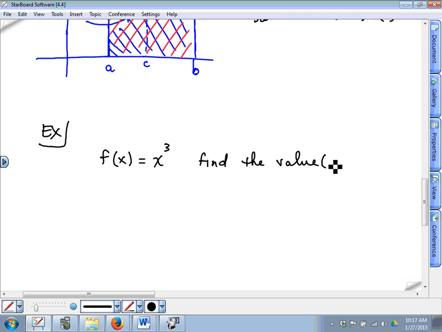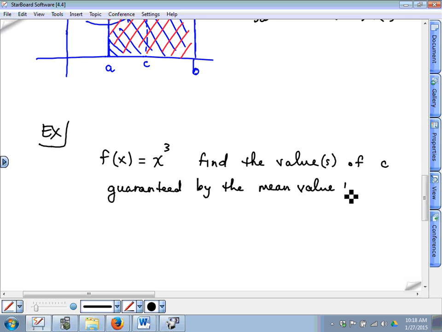Find the value or values of c guaranteed by the mean value theorem over the interval 0 to 3.